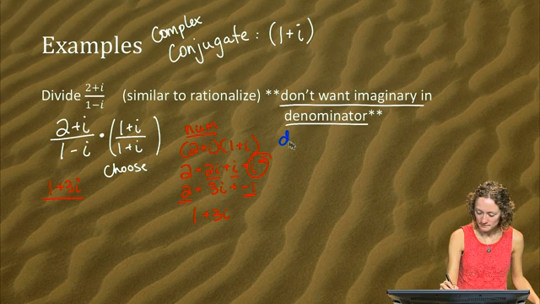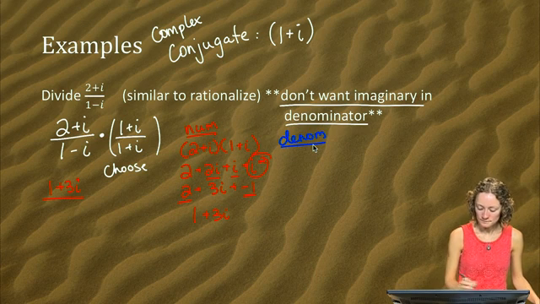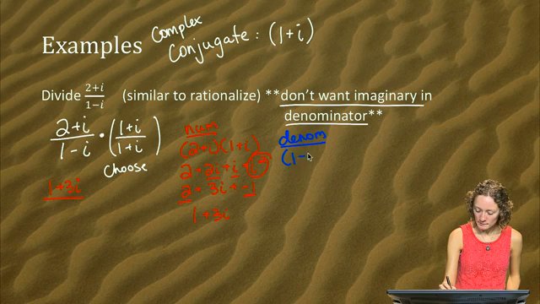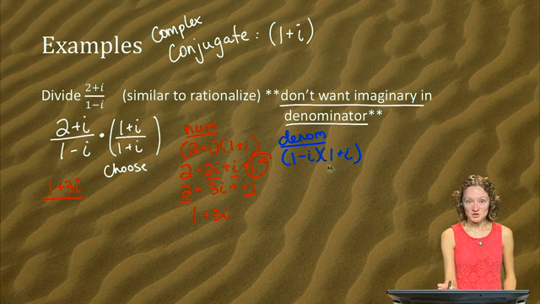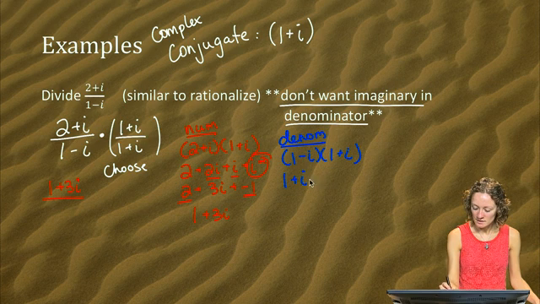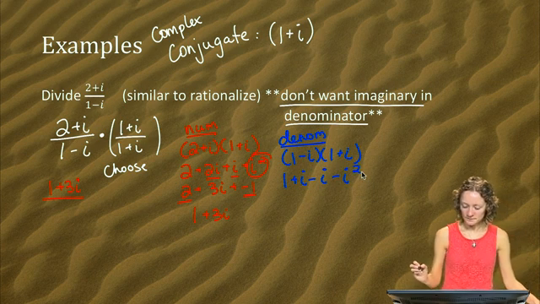Then the denominator. In the denominator, we're multiplying the two quantities, 1 minus I and 1 plus I. These two are conjugates of each other and have a special relationship. You'll see what happens. 1 times 1, 1, plus I minus I squared.